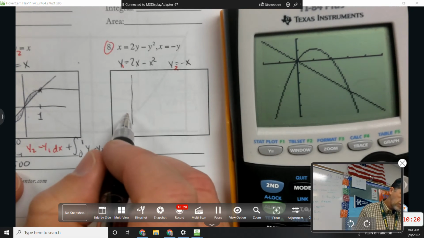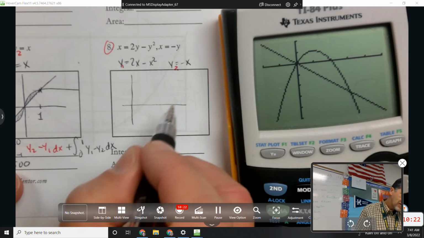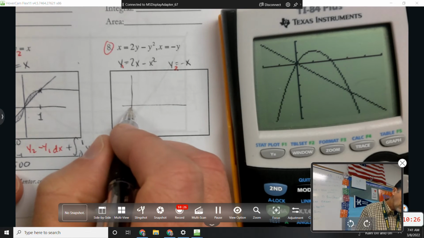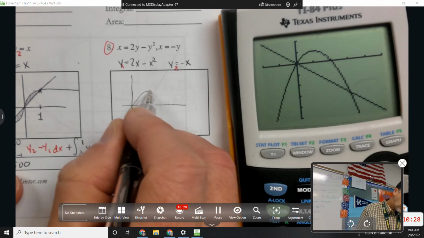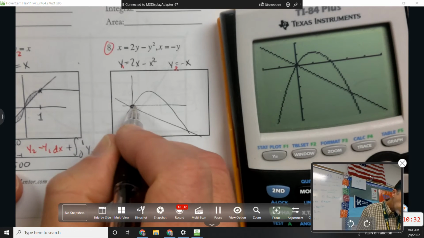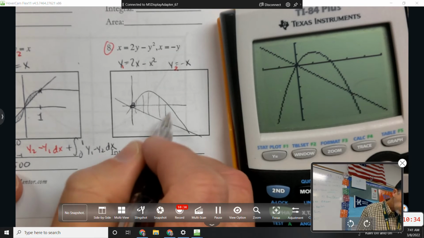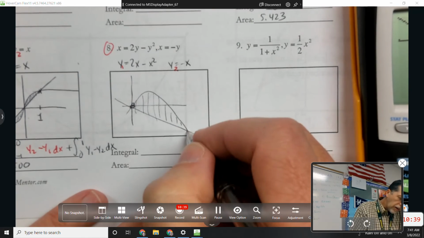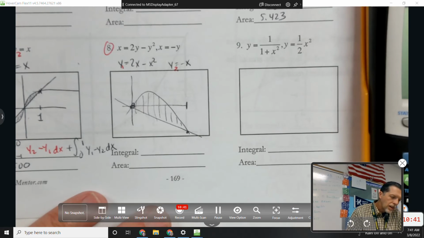So again, this picture is not exactly accurate because this is an X and Y picture. I need to figure out where that intersection is.